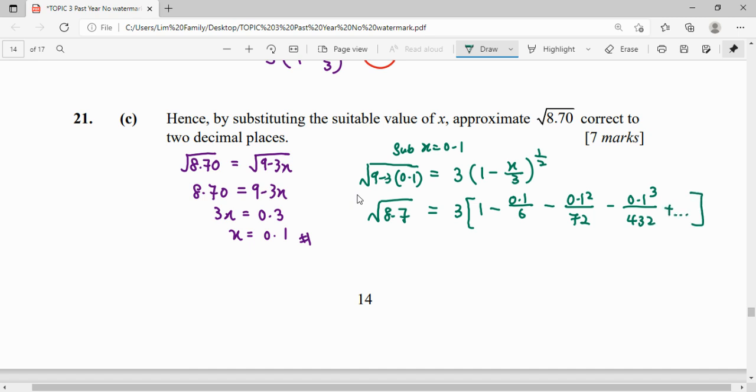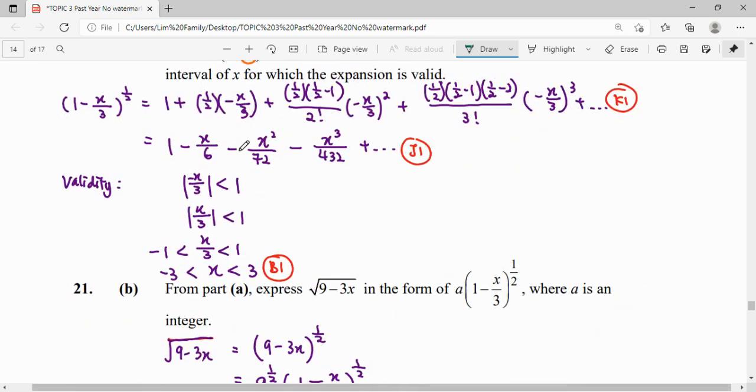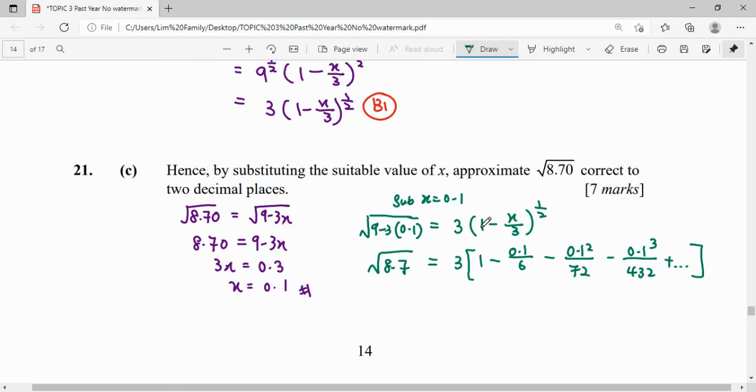So we use the expansion to help us find out the value. This is our expansion for this 1 minus x over 3 square root. So finally, our right hand side has already reached the question.